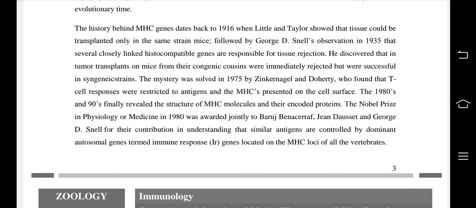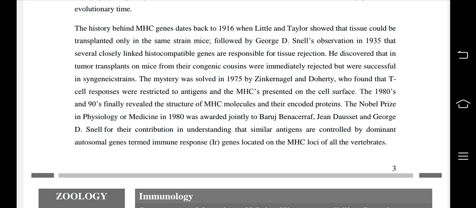He discovered that tumor transplants on mice from their congenic cousins were immediately rejected but were successful in syngeneic strains. The mystery was solved in 1975 by Zinkernagel and Doherty, who found that T-cell responses were restricted to antigens and MHCs presented on the cell surface.